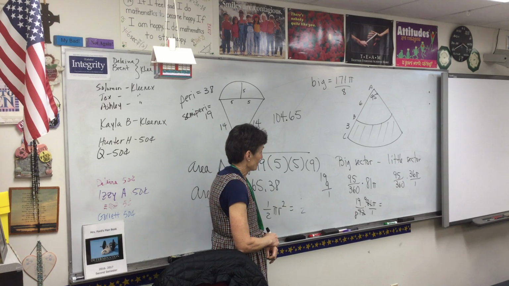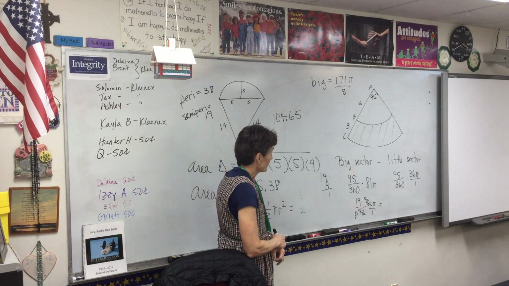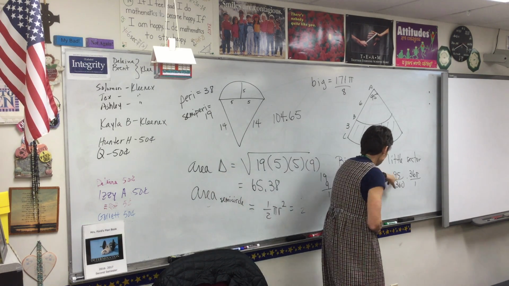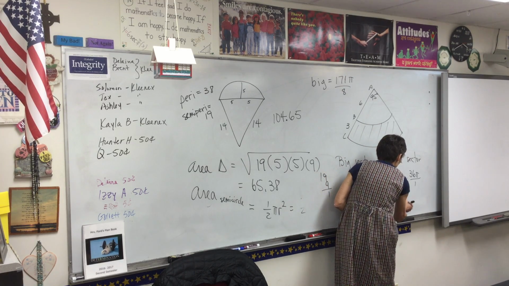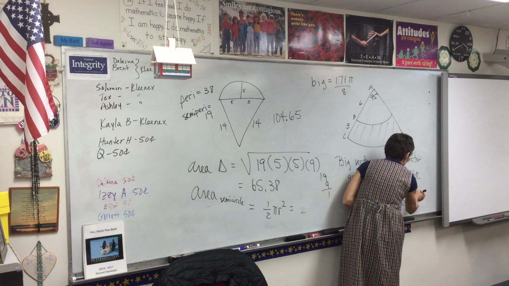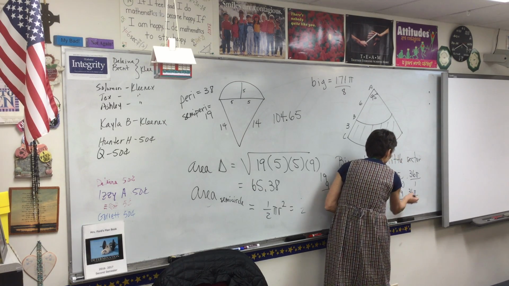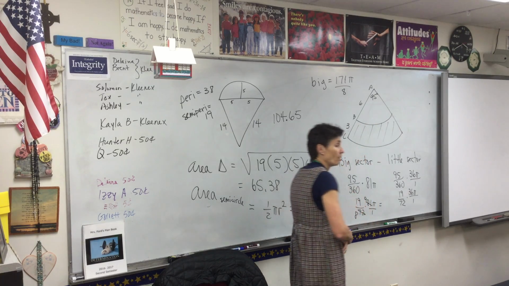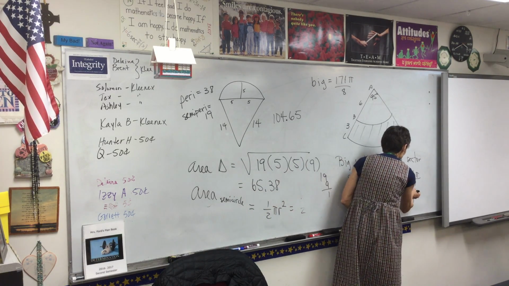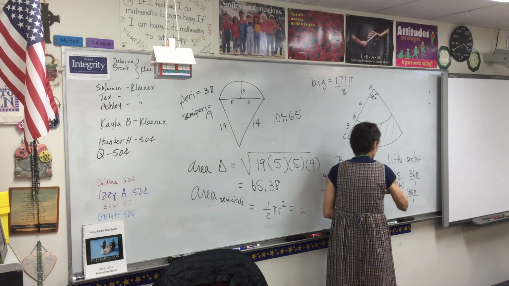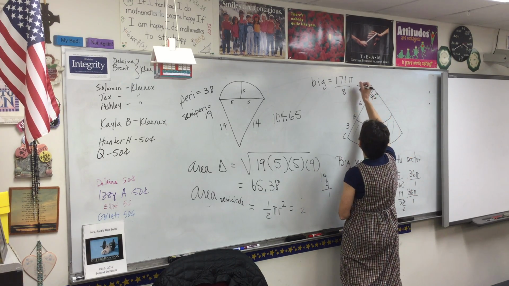Now, that's going to reduce the same way, so that's going to reduce to 19 over 72. And what do you know about 36 and 72? It's 1 and 2, so that goes away and that becomes a 2. So that's 19 pi over 2.